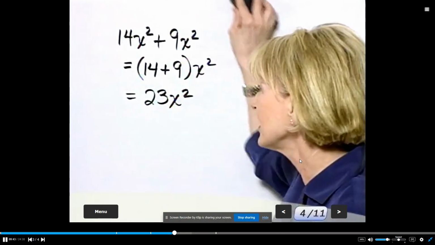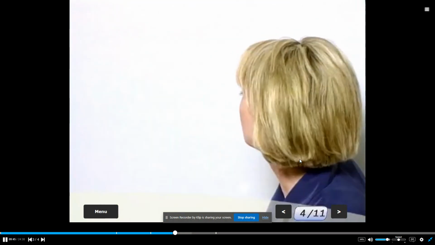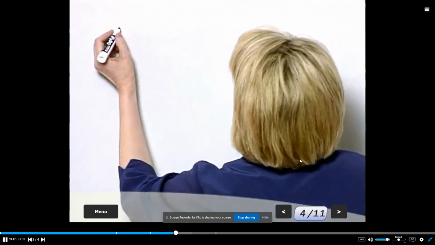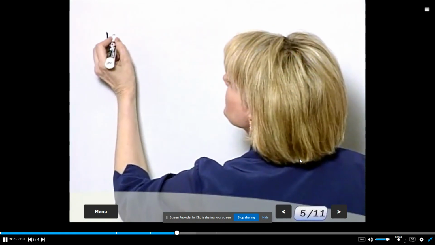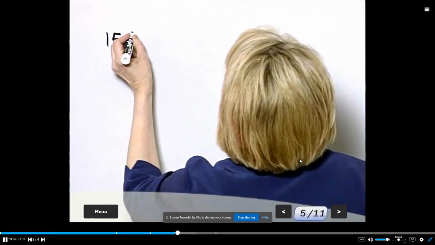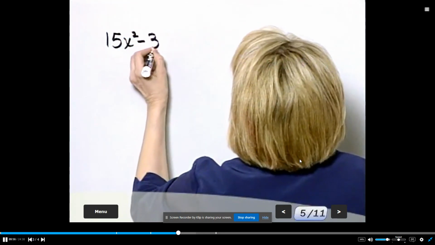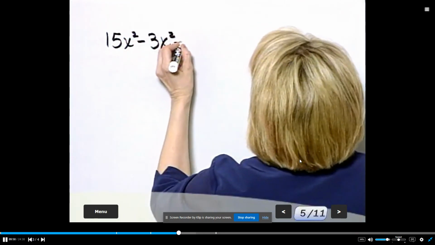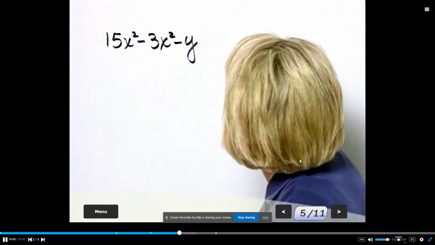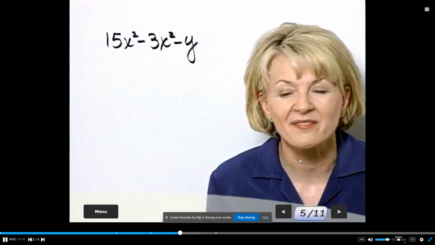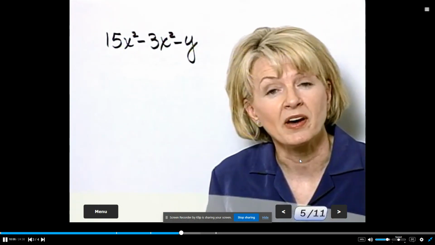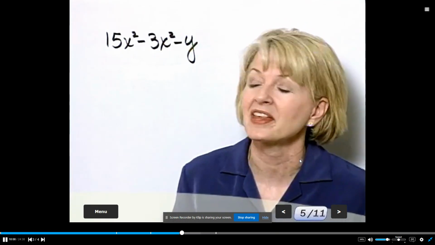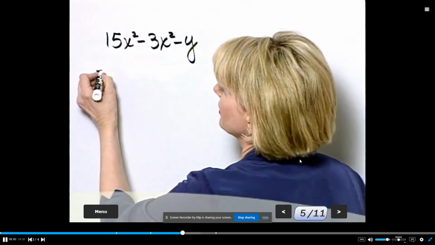Let's practice that again. We are simplifying polynomials by combining like terms. Let's suppose we have 15x squared minus 3x squared minus y. Let's suppose we have this trinomial for the moment. Can we simplify this? Do we have any like terms that we can combine?